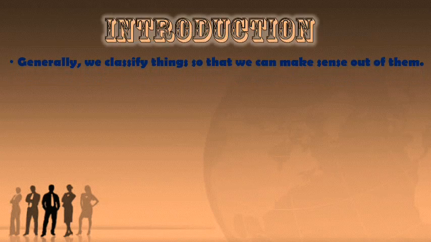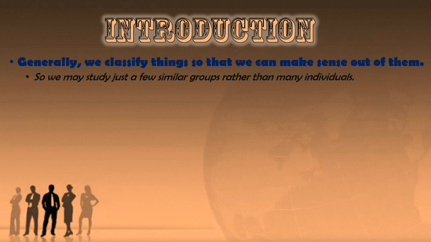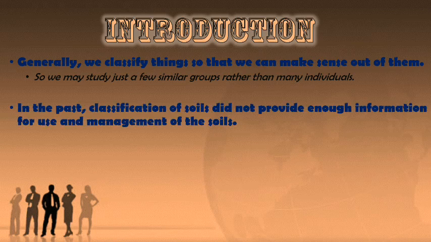For the introduction, generally we classify things so that we can make sense out of them. So we may study just a few similar groups rather than many individuals. In the past, classification of soils did not provide enough information for use and management of the soils.